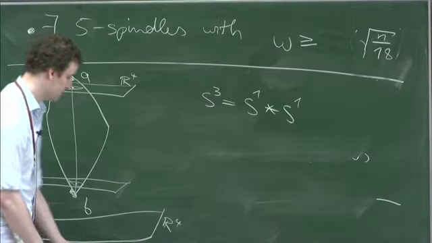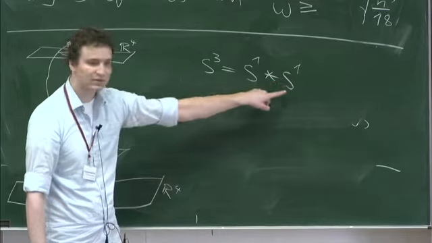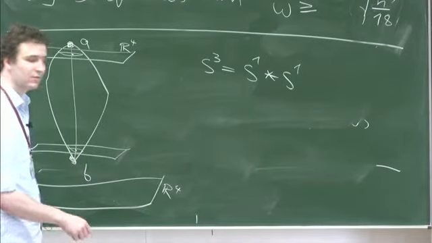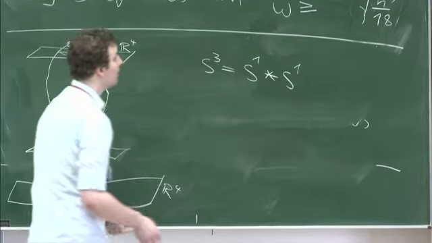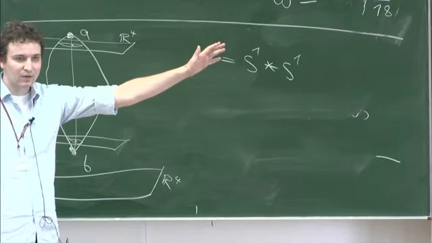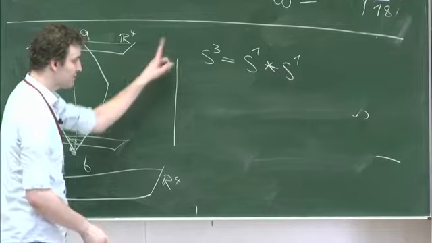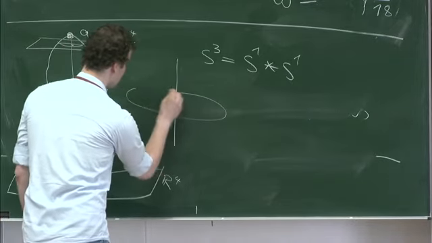So connect every point from one circle with another circle, and you get the 3-dimensional sphere. So if we are here in the 3-dimensional sphere, one point is at infinity, then we have here one circle, which closes up at infinity, and here's another circle.